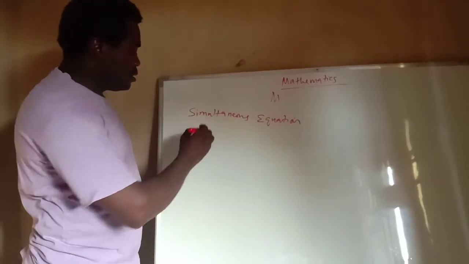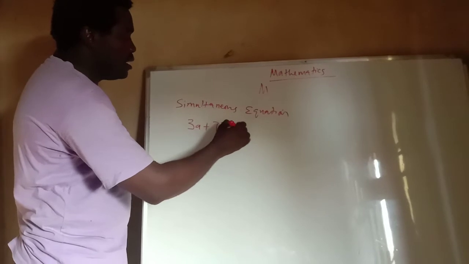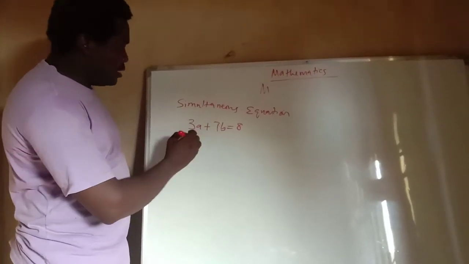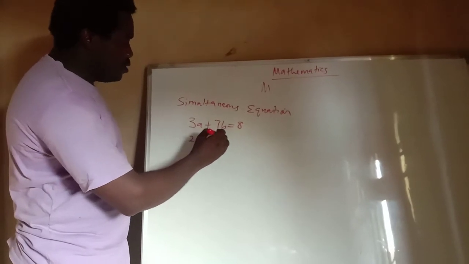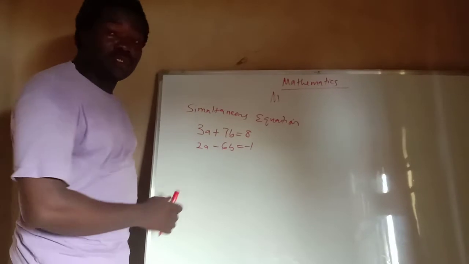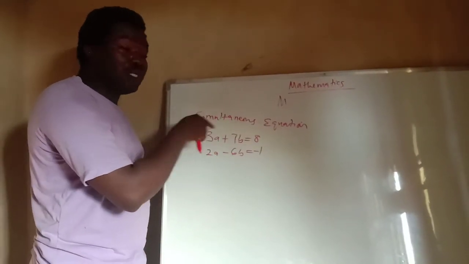For example, 3a plus 7b is equals to 8. This is a linear equation with two unknowns. Another one is 2a minus 6b equals to minus 1. This is also another equation that is also linear. So a is occurring here, b is also occurring.